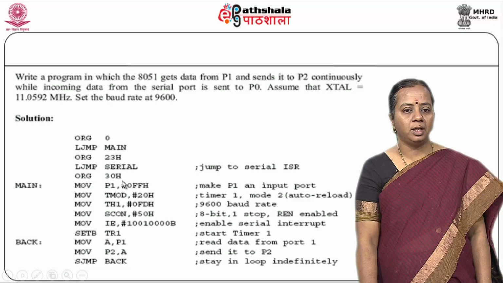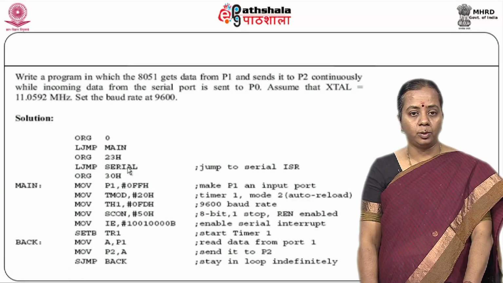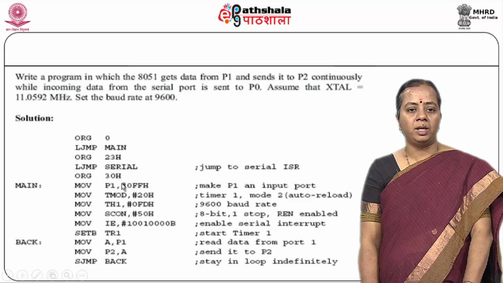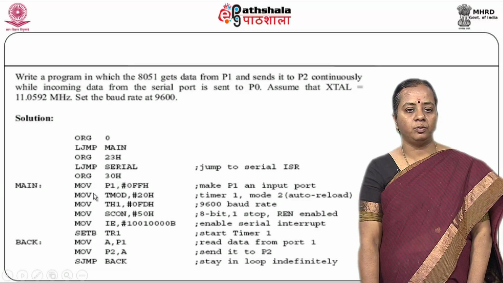Org 30, I mean serial, is the code we want to write, which has to be invoked for serial communication, and this is your main program, org 30h, from 30h onwards I will be writing my main program.